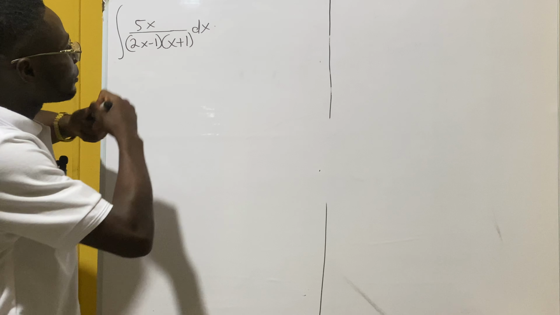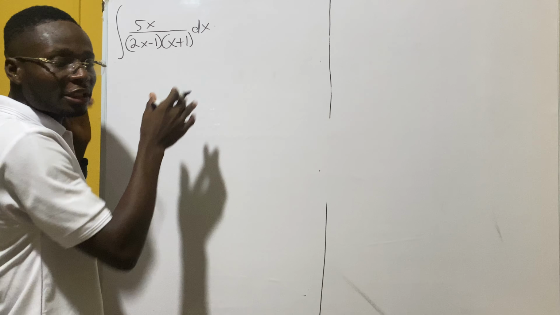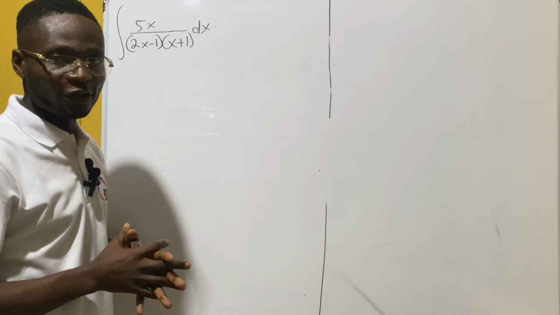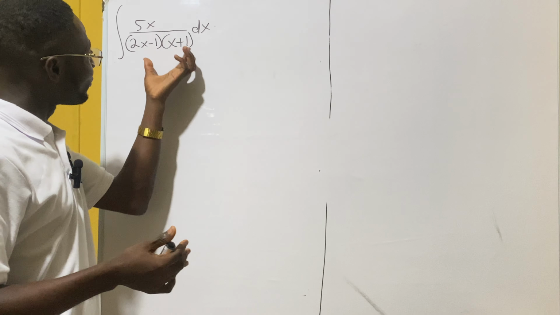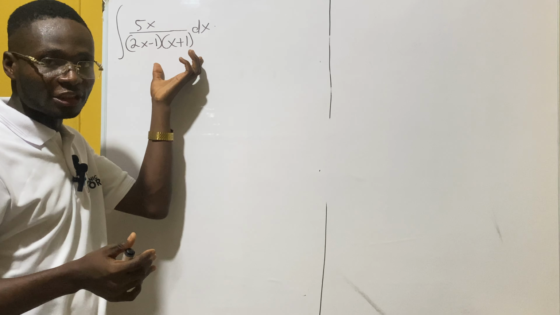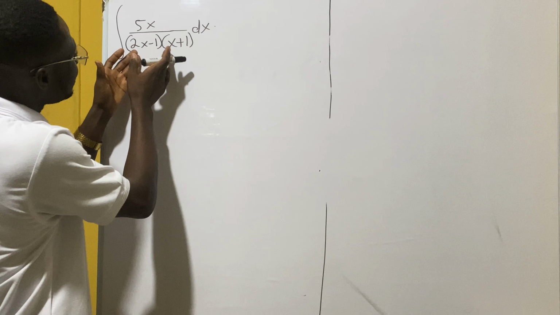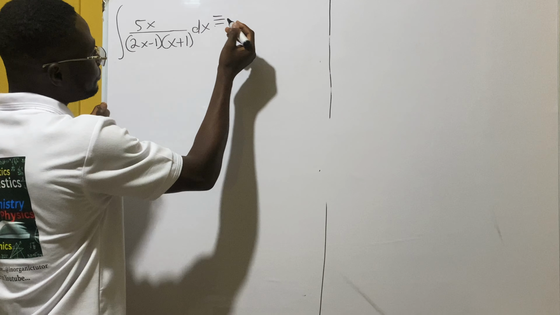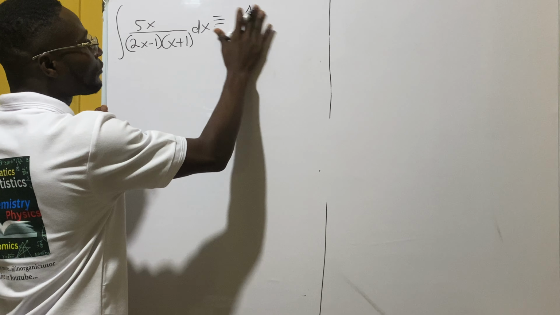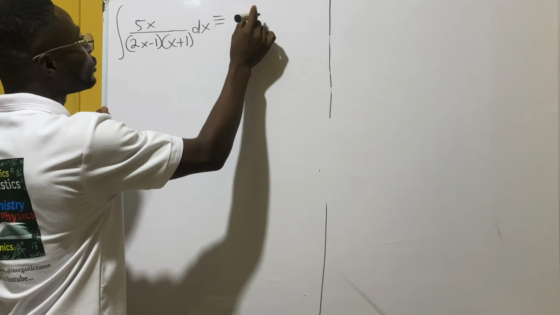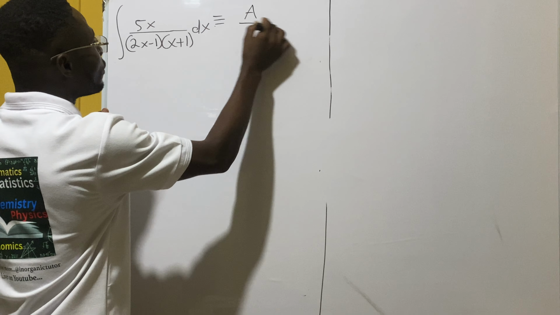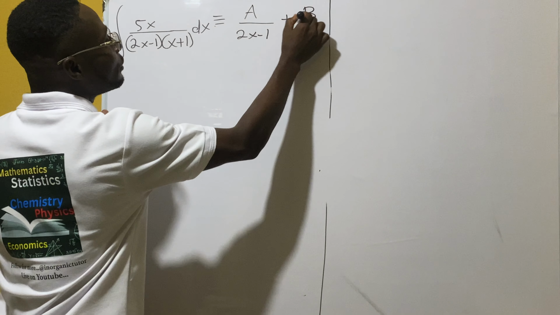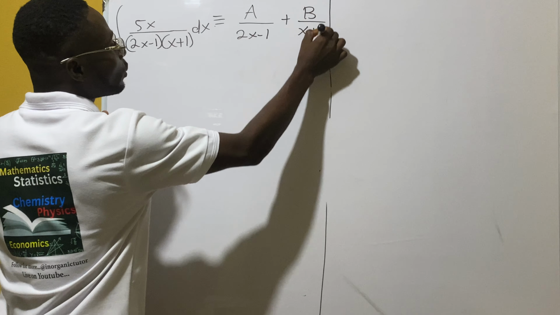We can see that this problem is qualified to be part of the partial fractions family. So we have to use partial fractions over here. This is equivalent to A over 2x minus 1 plus B over x plus 1.